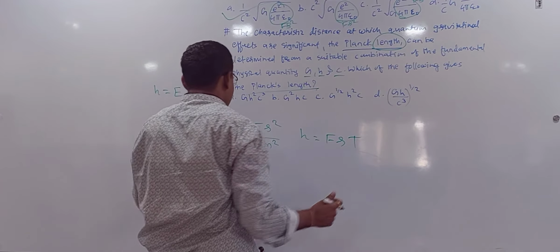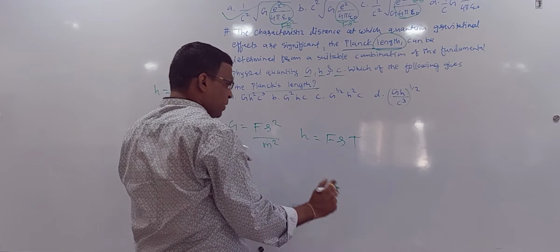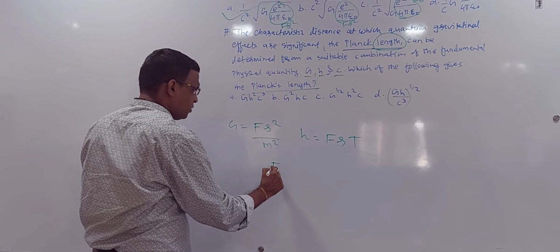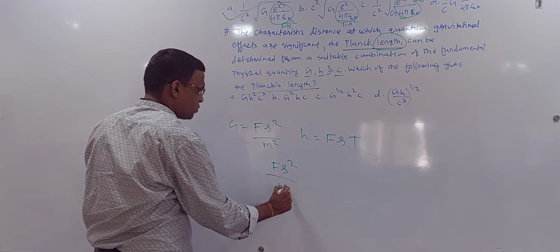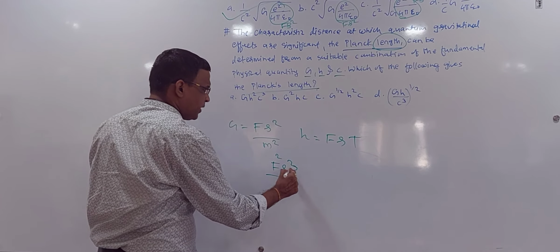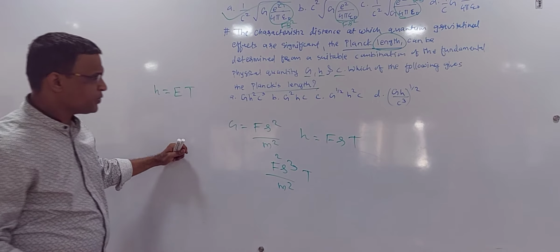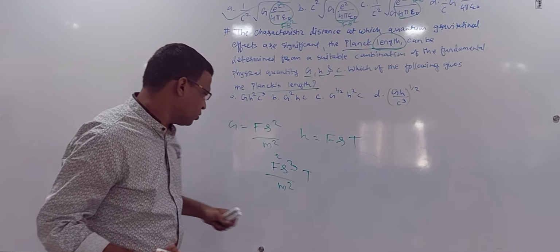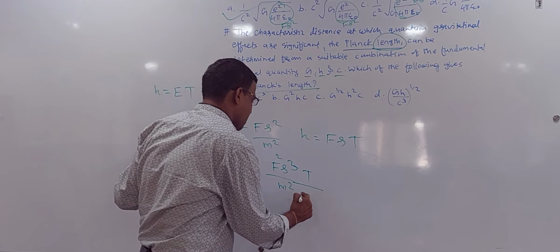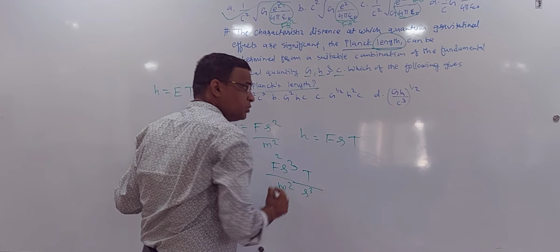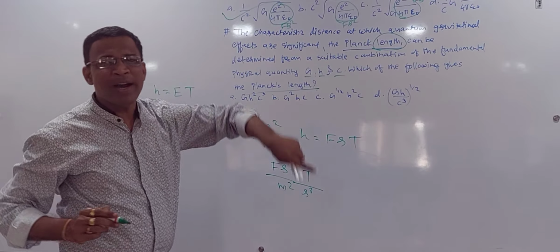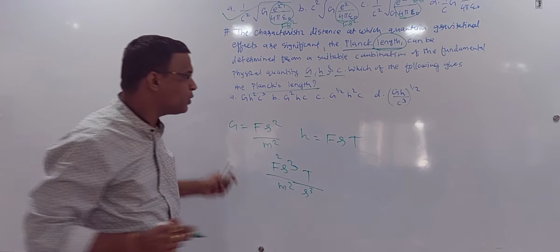If you want, now just let me do it correctly. So G into H, this two multiplication. So F R square upon M square into F R T. Fine, this is done. And then upon C cube. So C cube is R cube upon T cube. R by T, distance upon time is your velocity.